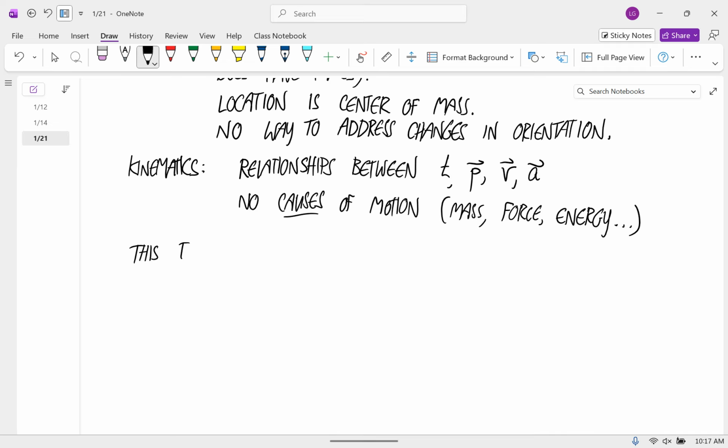Okay, this topic is divided into 4 sections. The first one is just that the acceleration is the time derivative of the velocity, and it's the second time derivative of the position.